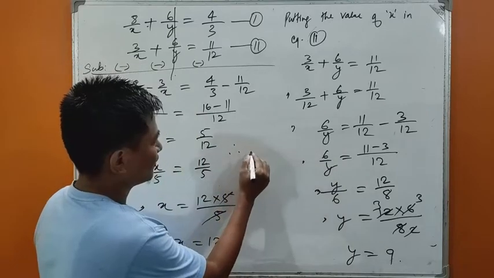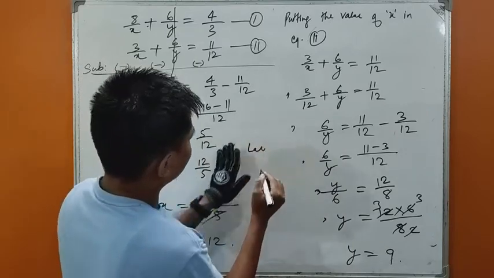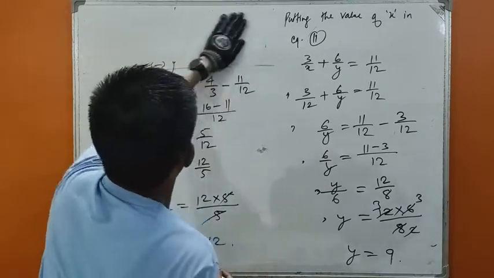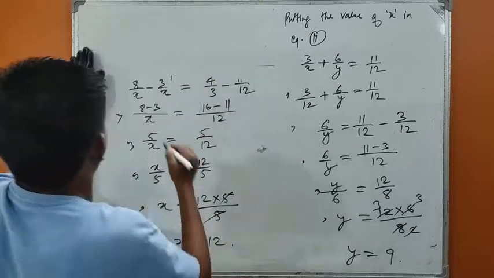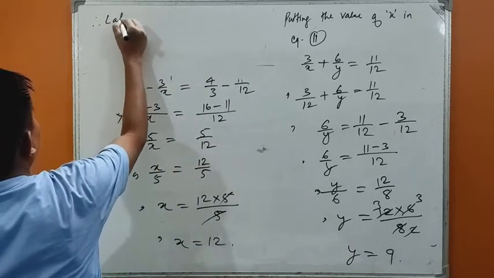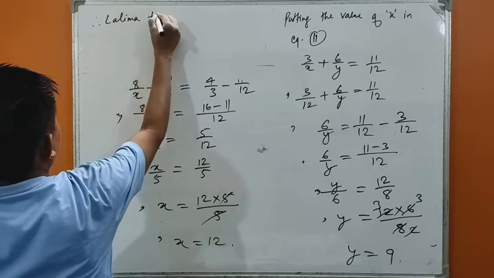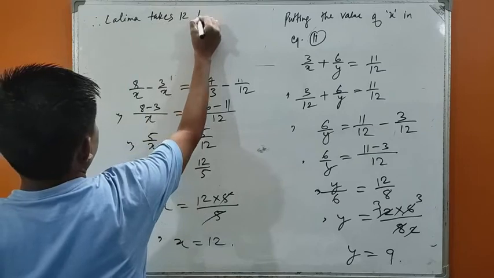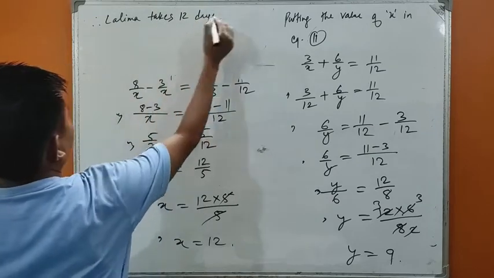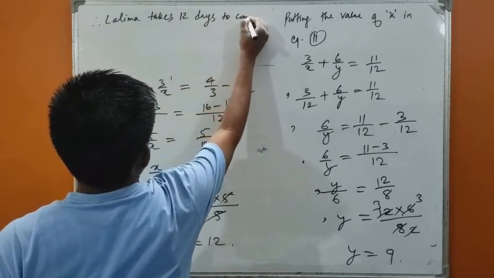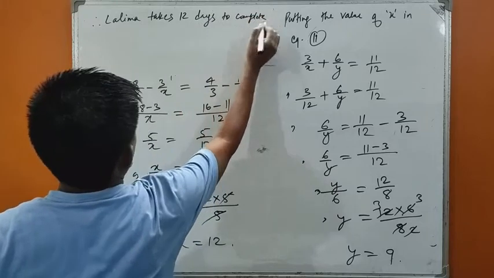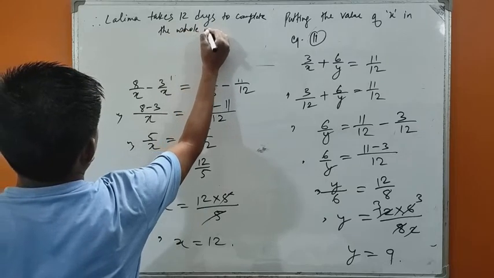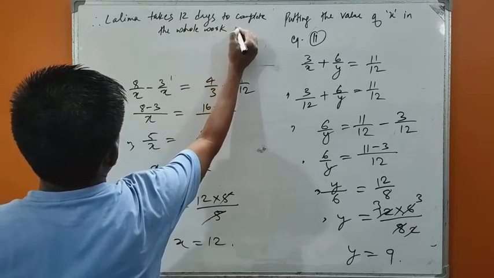Therefore, you can write Lalima takes how many days? 12 days to complete the whole work alone. Okay, alone means separately, isn't it?